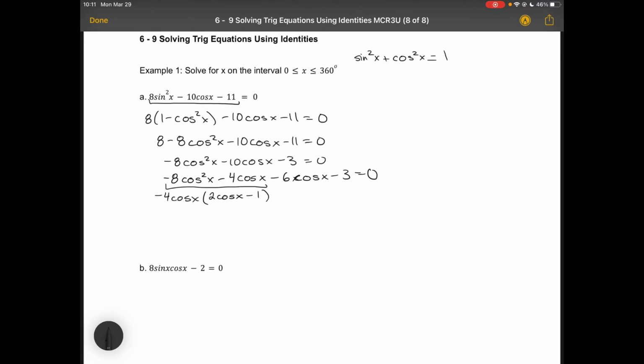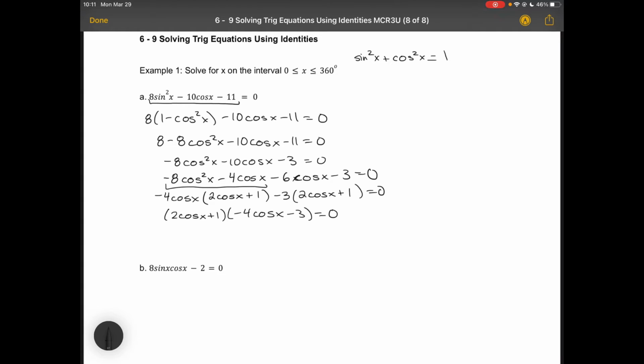And then on the right hand side, I can actually factor out minus 3. So now I've got minus 3 times 2 cos x minus 1, plus 1 on both of these here. And then I can factor out 2 cos x plus 1 from both terms. That's going to leave me with 2 cos x plus 1 and minus 4 cos x minus 3.